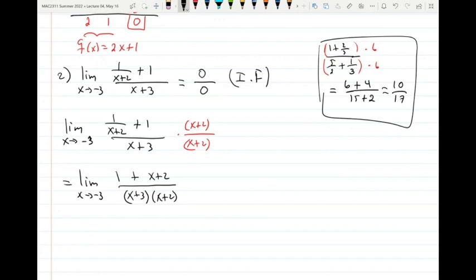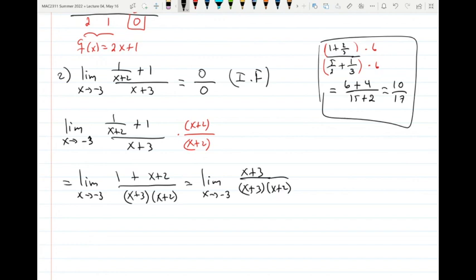Now we combine, and you see that we have x plus 3 on top, and x plus 3 times x plus 2 in the bottom. The reason I didn't multiply this denominator is because we want to get rid of that issue. In particular, this 0 is the one we need to eliminate. Why?